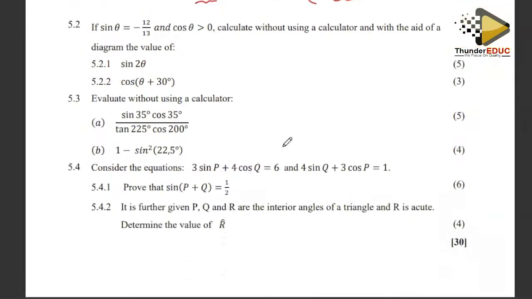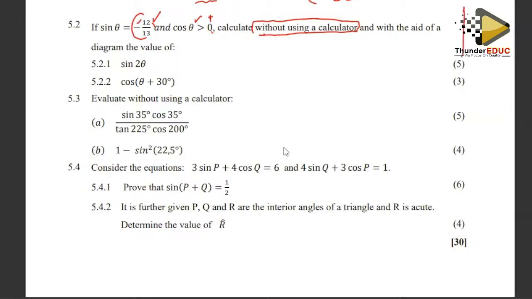Okay, then on 5.2, if sine of theta is this, and cos theta is greater than 0, calculate without a calculator and with the aid of a diagram. So this is the Cartesian. It has been simplified for us. We can see that sine is negative when cos is positive.